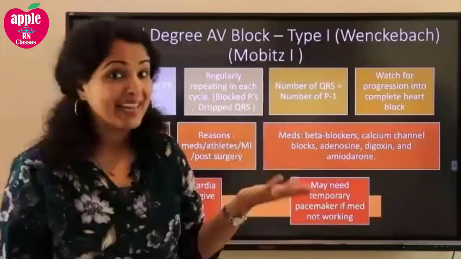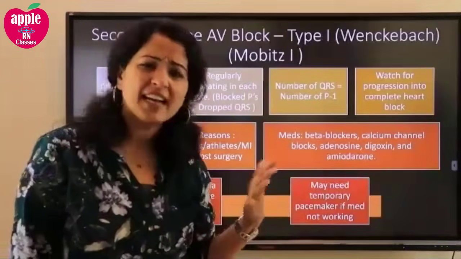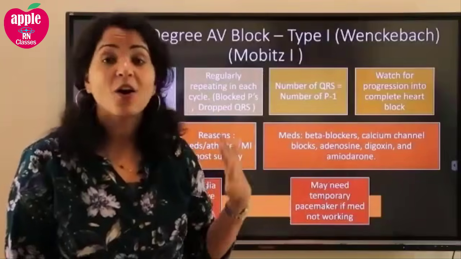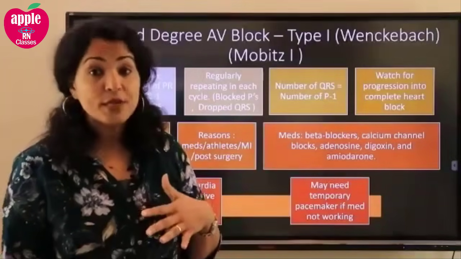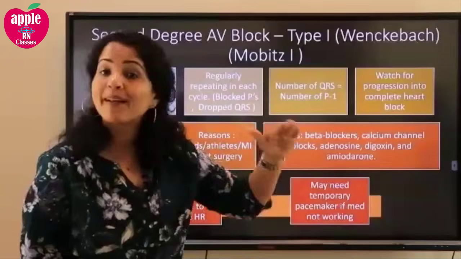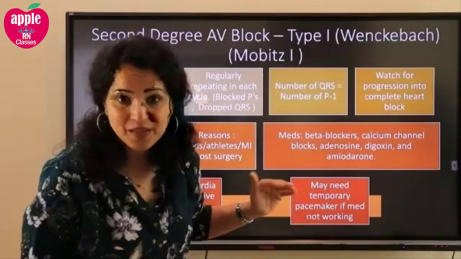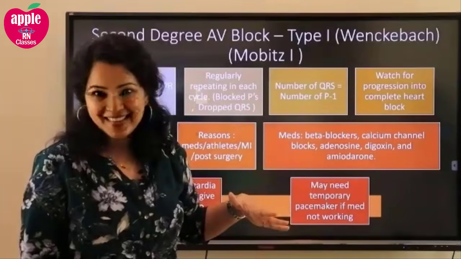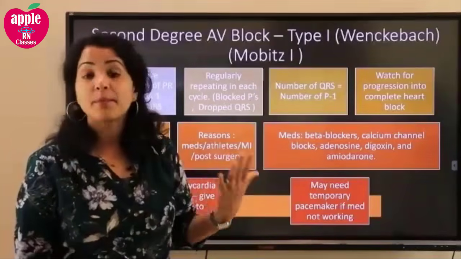It might be enough. Not all the time probably, but most of the time counseling will be enough, which means if you give atropine, that will probably take care of their problem and they will be fine. If that works, that's the best.